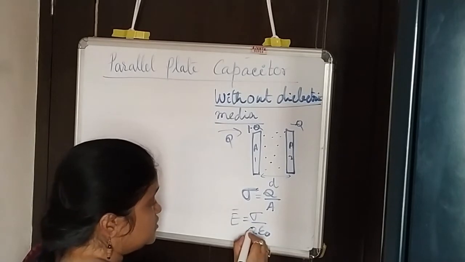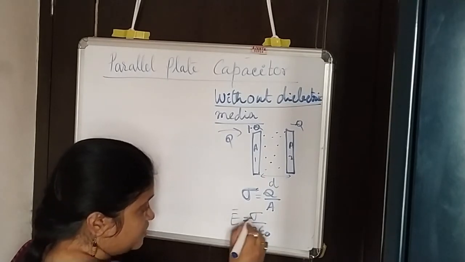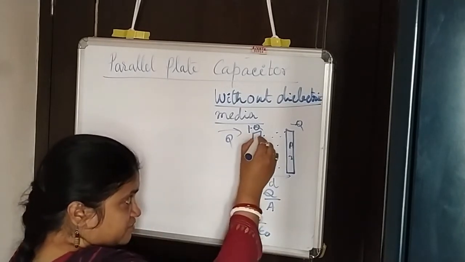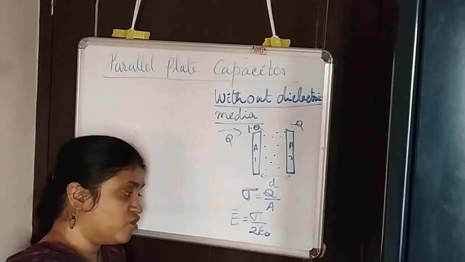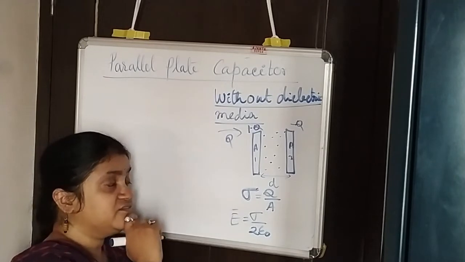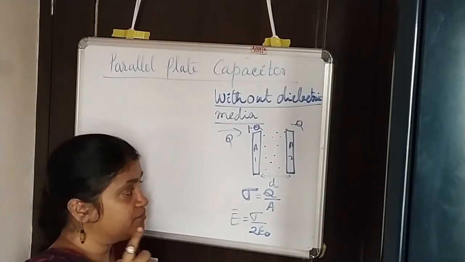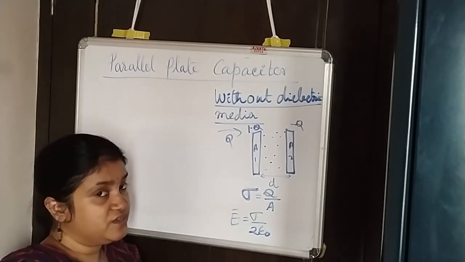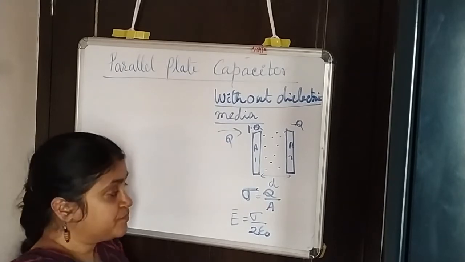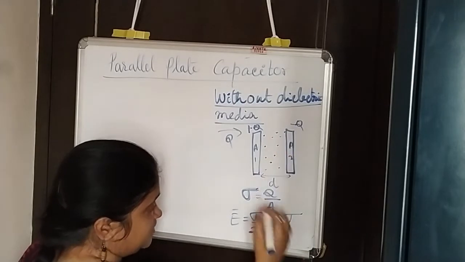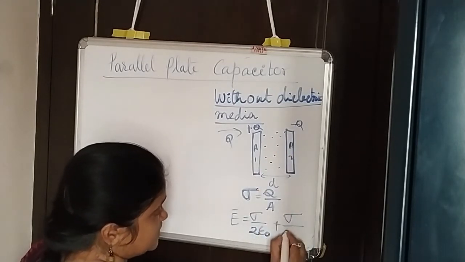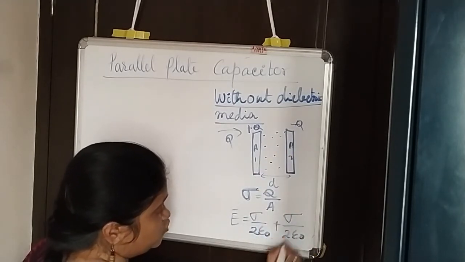So the electric field for this plate is sigma by 2 epsilon naught, as we have already studied for an infinite plane sheet. For the second plate, the electric field is again sigma by 2 epsilon naught.